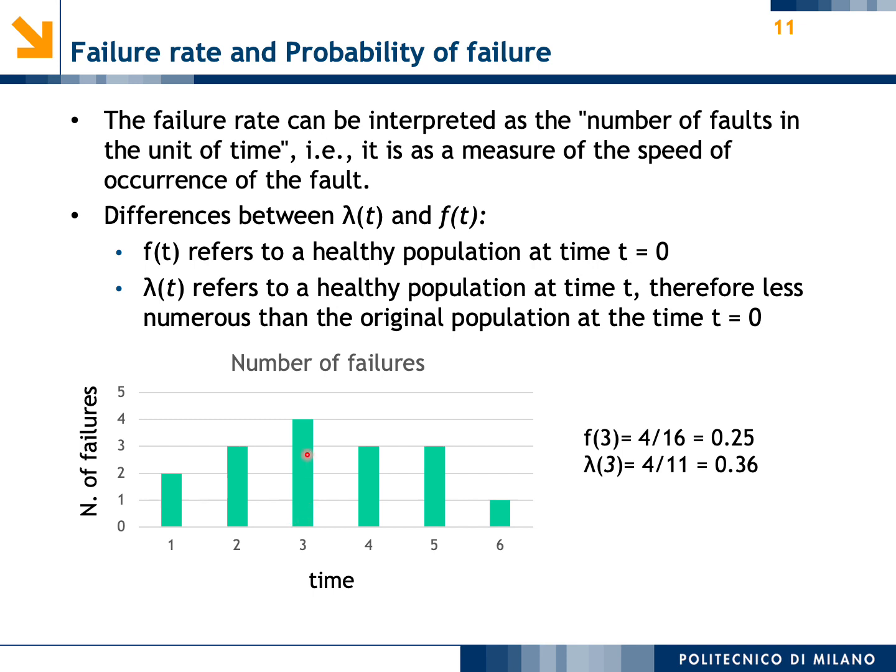So 1, 2, 3, 4, 5, 6, 7, 8, 9, 10, 11. So lambda at the third interval is 4 divided by 11. So the failure rate in this case is 0.36. On the opposite, the probability density function is 0.25.